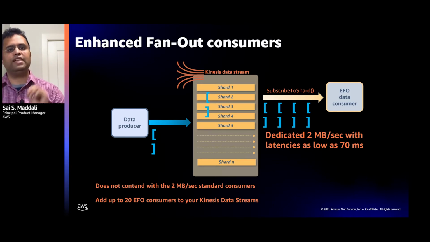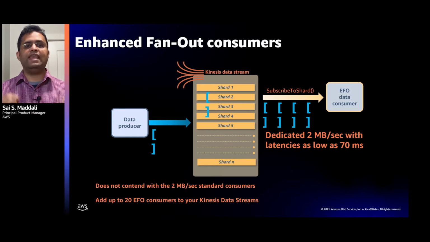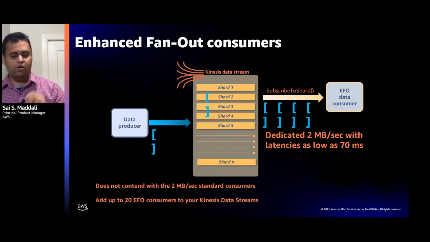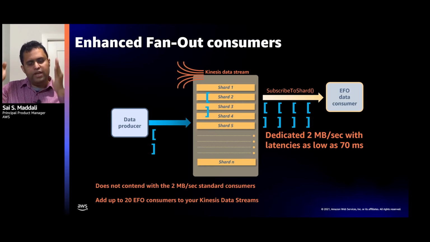Kinesis Data Streams delivers this capability using enhanced fan-out consumers. When you use enhanced fan-out consumers, each consumer gets its own dedicated bandwidth, so the performance of one application has no impact on the other. You can use this capability to add up to 20 parallel consumers, each with its own dedicated throughput.